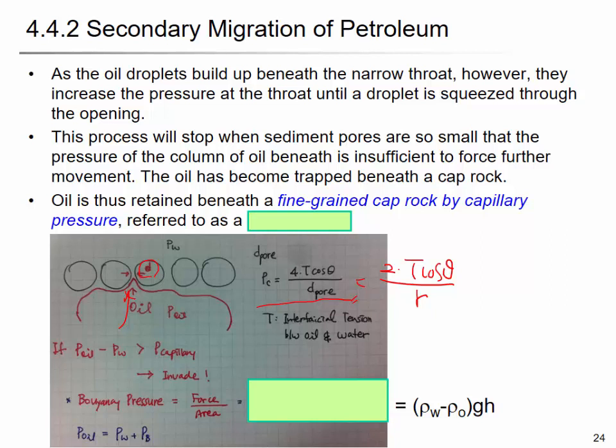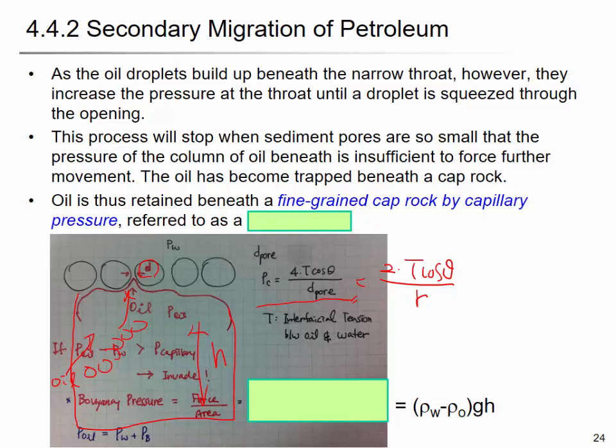And then there will be more oil coming in. Droplets will migrate and then accumulate to a certain depth or a certain height. And then what happens? The buoyancy force will increase. Right? Buoyancy force is what? How do you calculate it?